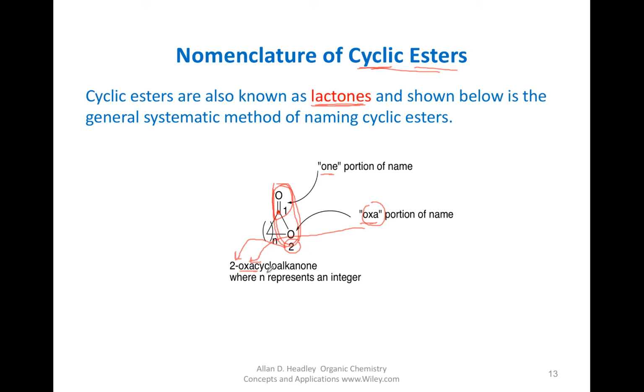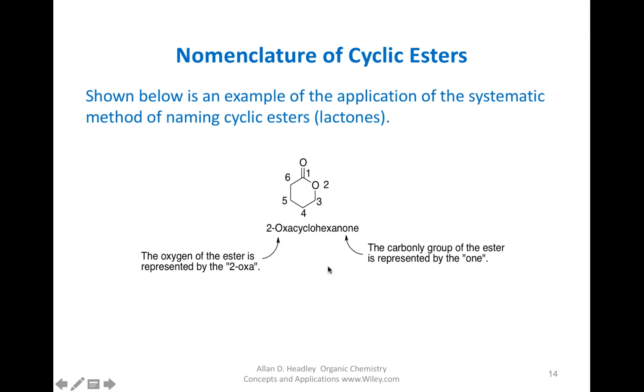And of course it's a cycloalkanone. Looks like that spelling is a little off, C-Y-C-L-O. But that's a cycloalkanone, where the number of atoms in that ring will in fact tell you the exact name. Some examples.